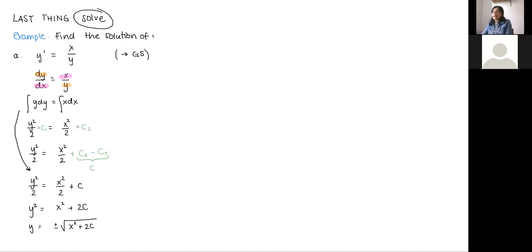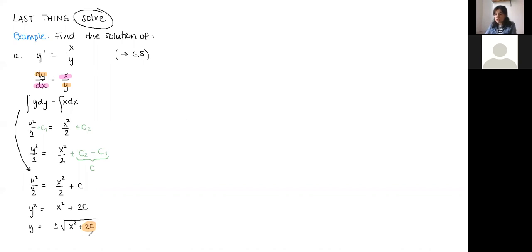All right, good. So we have that y is equal to plus or minus square root of x squared plus 2c. You're going to see when you're trying to find a solution, we're always going to try to write it in the simplest possible form. Now, because the number c is arbitrary, it's just any constant that we want, the number 2c is also going to be any number that we want.